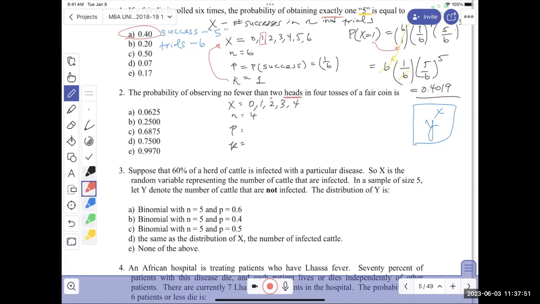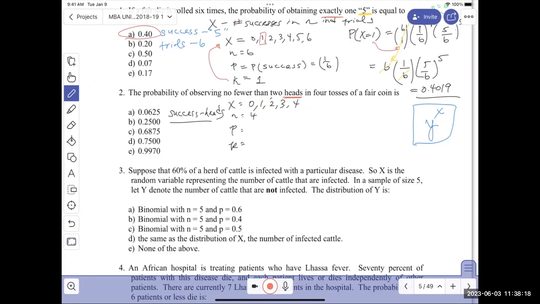So success is heads. I'll write it down. So this is pretty easy. You know how to fill in the formula. The issue is teasing apart each trial from the overall N trials. Each trial you're looking for a head. On the overall trial, you want no fewer than 2 heads.